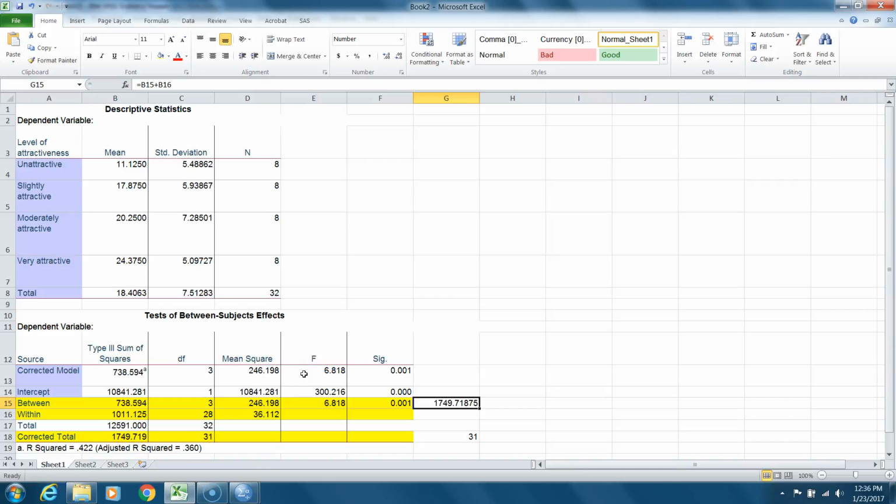So again, if we were given any 2 of our sums of squares, we should be able to calculate the third one. If I told you that we had 1749 as our corrected total and 738 as the between, we know that we must have 111 for our type 3 sums of squares for within group, our within group variance.